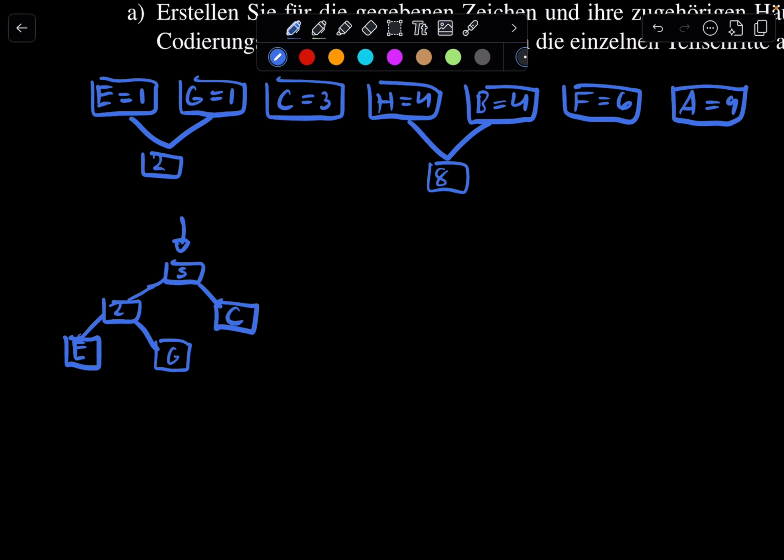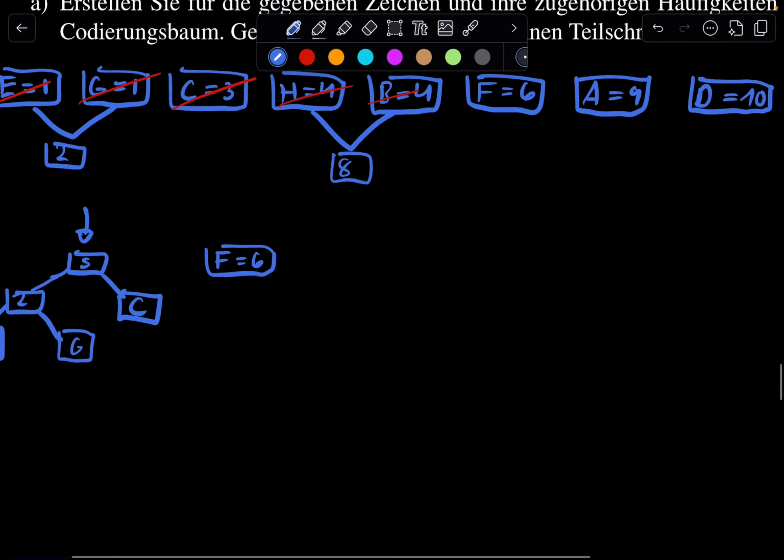So it's going to be 11. Well, I'll just leave it like that. And then we have C3. So we've done this, we've done this, we've done this. And then we have these two, which is going to be 8. So we have F equals 6 here.